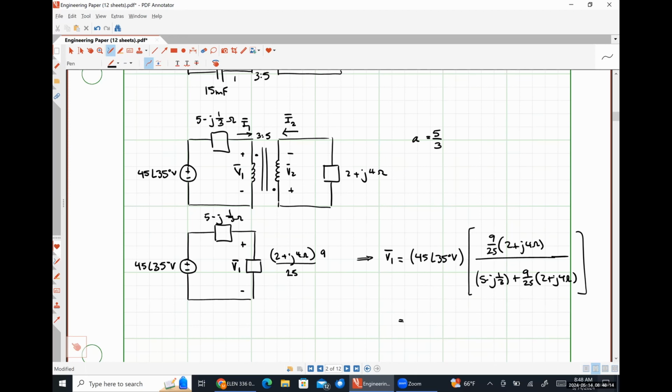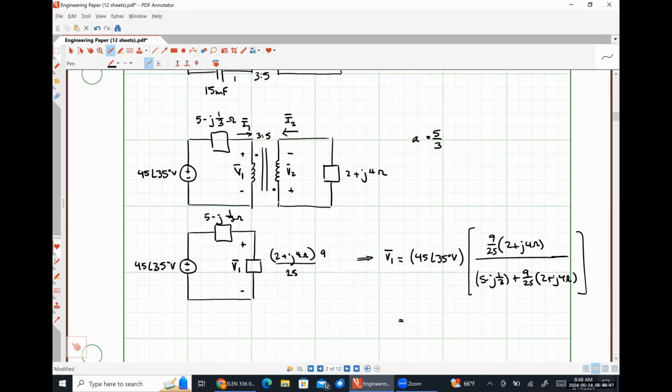So A over 5 minus 1/3 i, close, plus A, multiply that by 45 angle 35. Turn that into polar form.